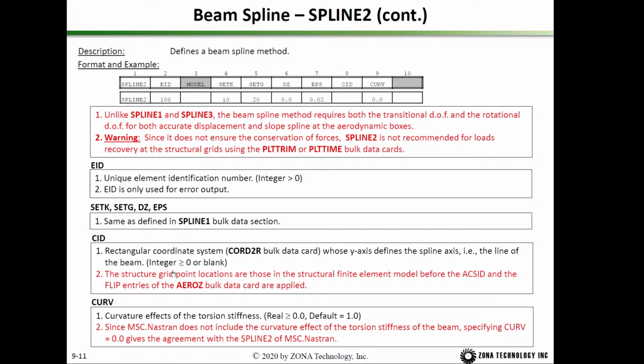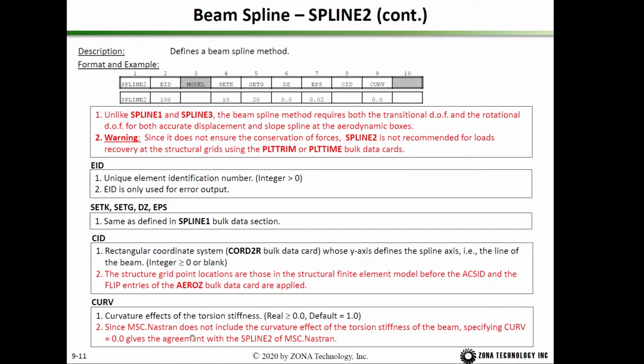Okay, but this CORD2R card must be located in the structure model coordinate. In other words, those CORD2R cards are in the structure finite element model before the ACSID and the FLIP entry of the AEROZ card are applied.